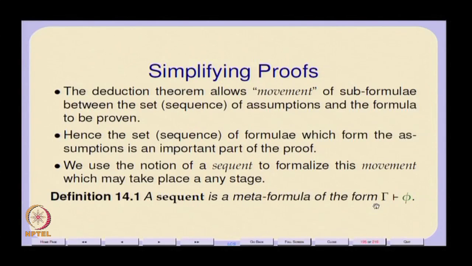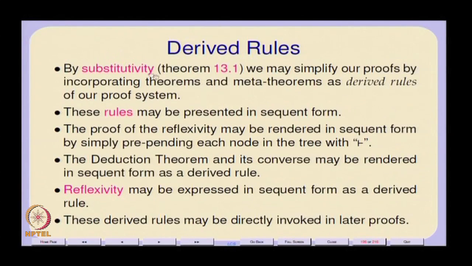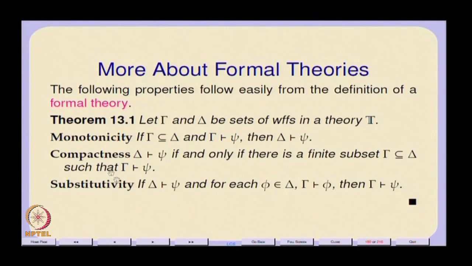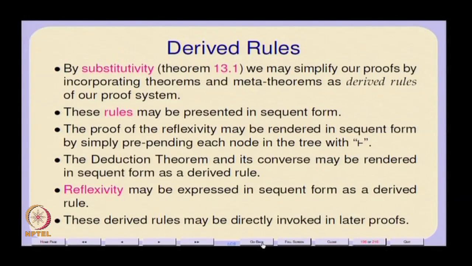Okay. So, one of the things that substitutivity allows you to do is to split up theorems into lemmas and sublemmas, propositions maybe, and it also allows us to incorporate those lemmas that we have proven directly into the theorem.